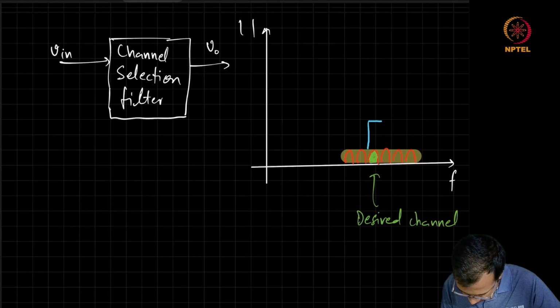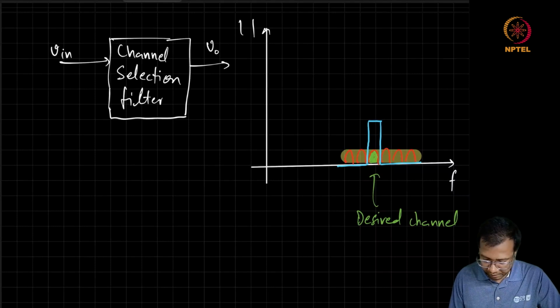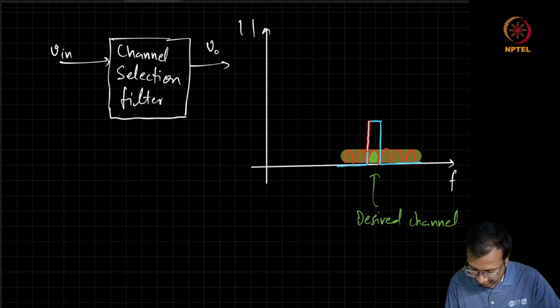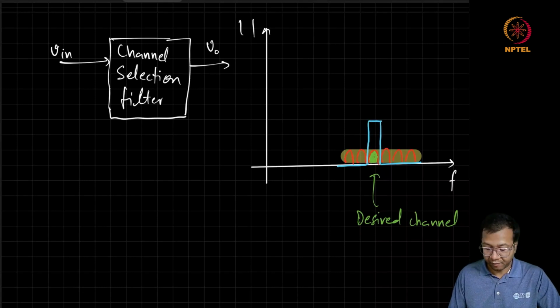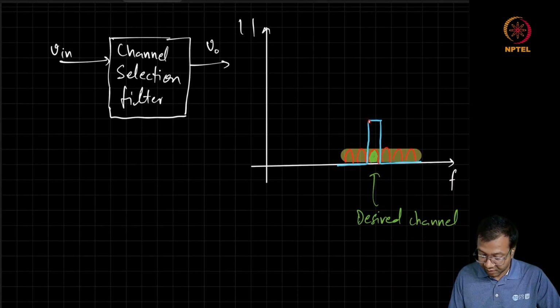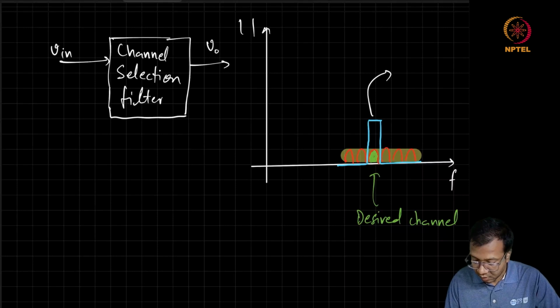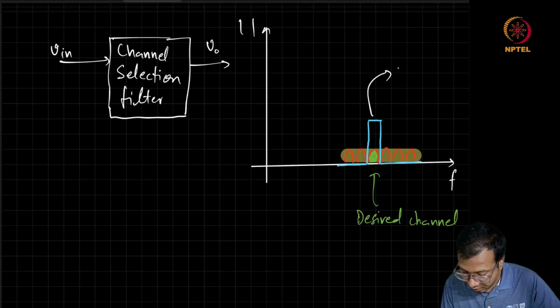So you can see this roll off has to be very steep, and compared to the band select filter, here we can see that this has to be even sharper. This requires the filter to have a sharp roll off.